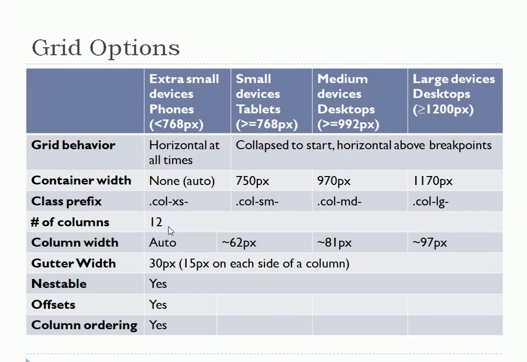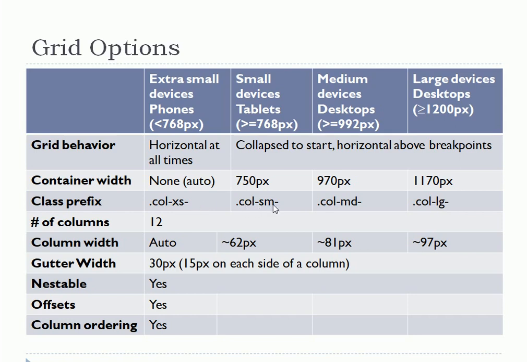Whatever classes you are going to apply have some prefix according to your device. For the grid system we have to use these prefixes. For extra small devices you have to say col-xs- and then specify a number.